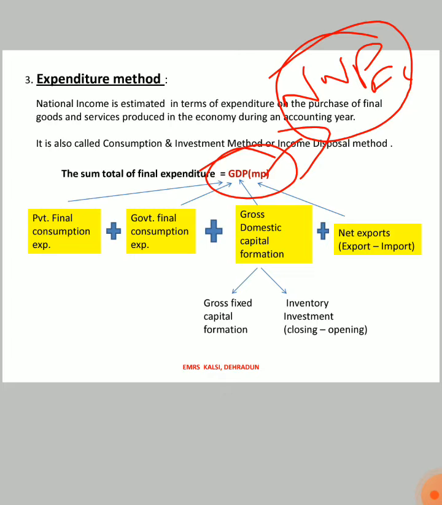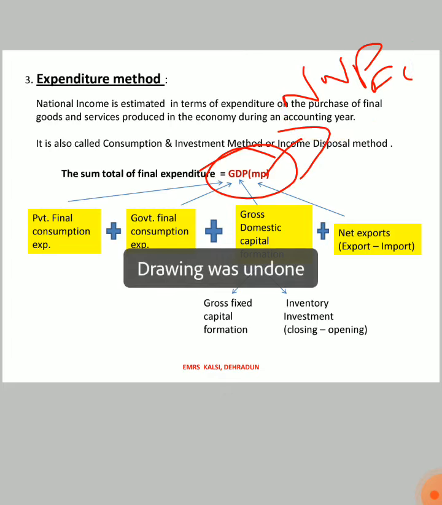But all 3 methods are important, you cannot skip the expenditure or income method. You have to practice all 3, but the trend is mostly of asking the value added method. So after adding these 4, you get GDP MP, and you convert that into NNP FC or whatever aggregate you have been asked. This was our third method of calculating national income.